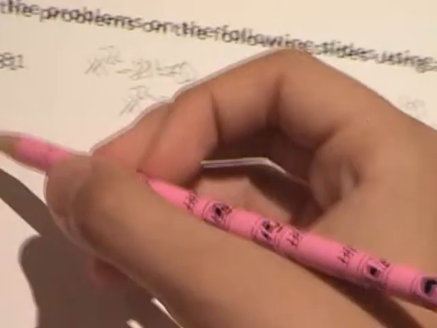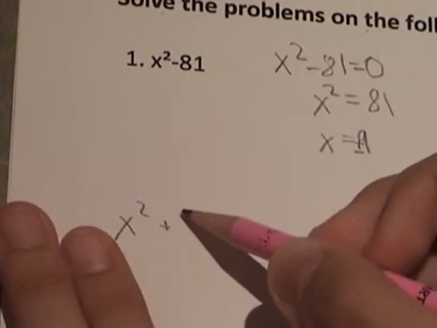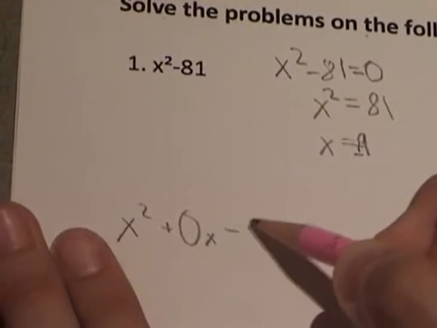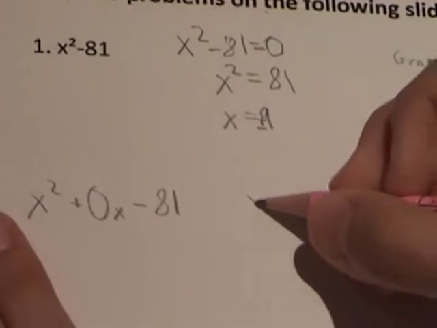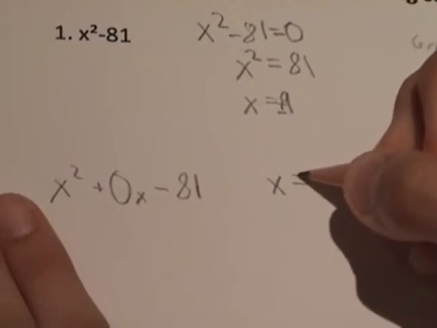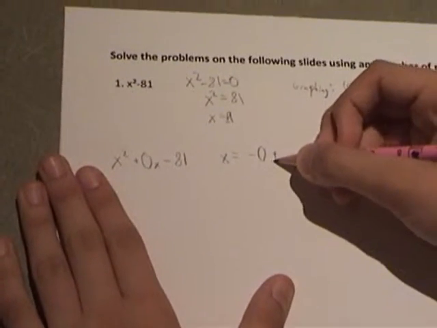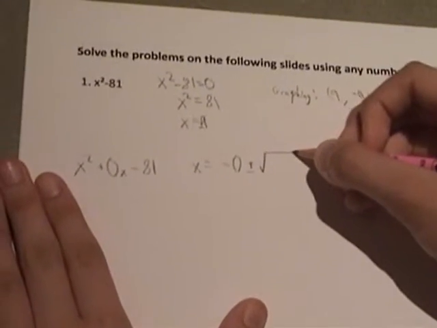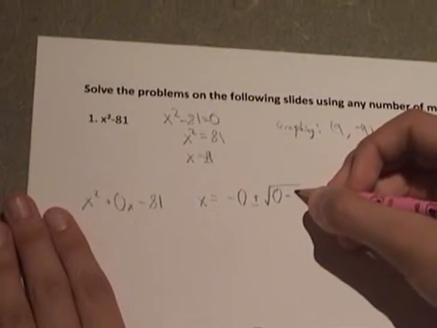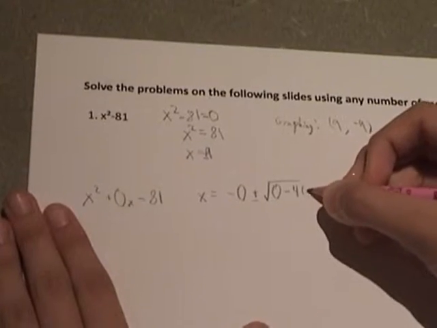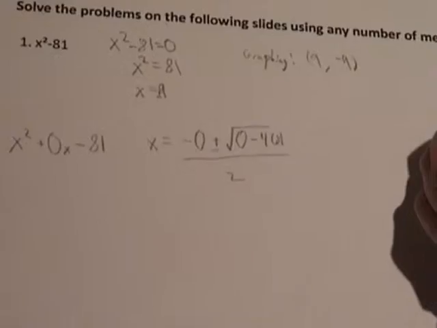Now for the quadratic formula, this can be rewritten as x squared plus 0x minus 81. So x equals negative 0 plus or minus the square root of 0 minus 4 times 81 all over 2.